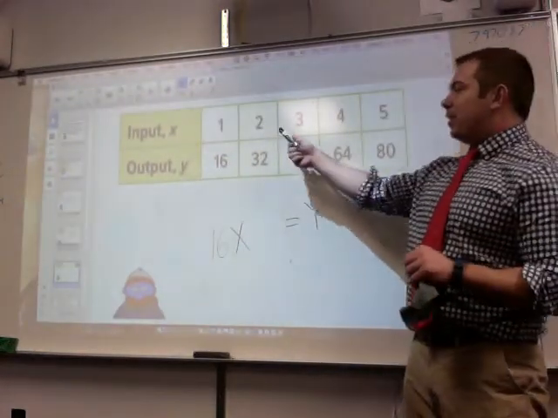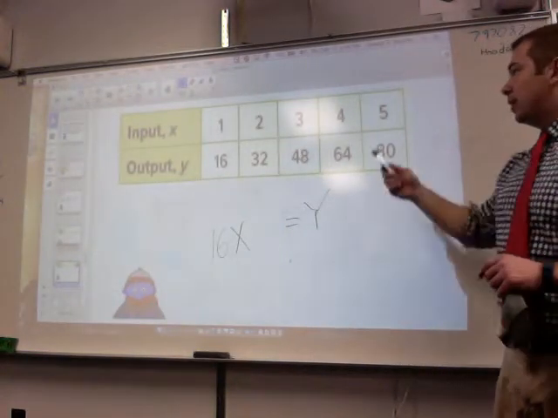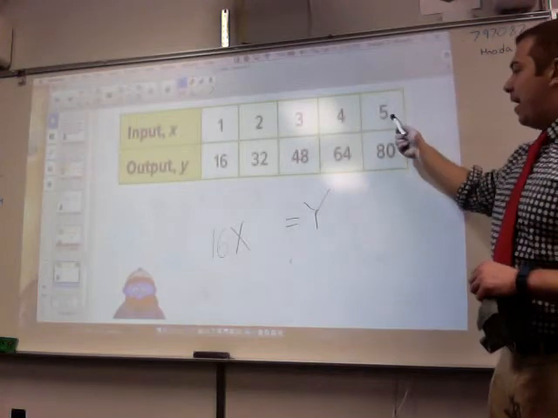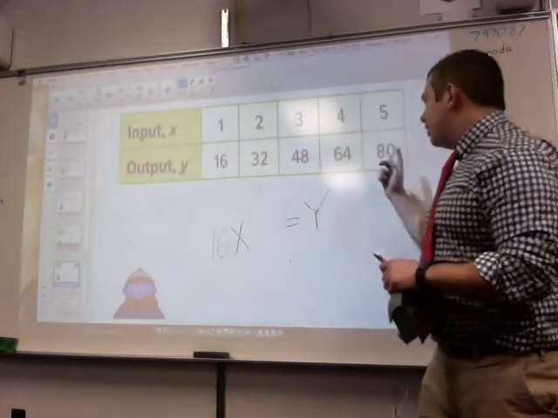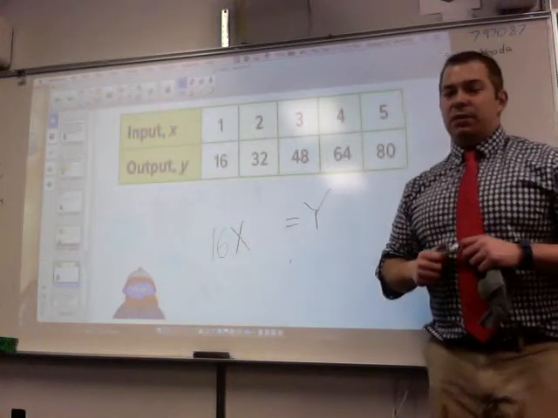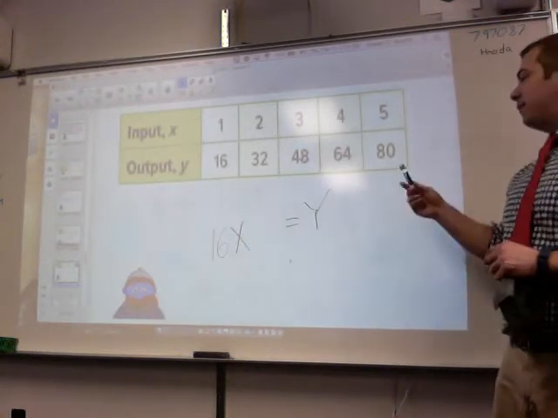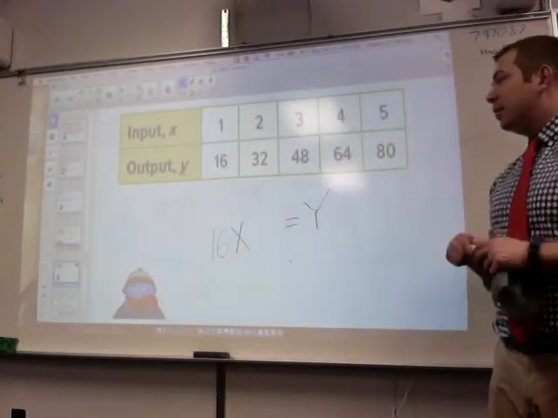Because whenever I plug in an x, I'll get the y that is my output. Let's check with 5. Is 5 times 16 equal to 80? Well, 5 times 10 equals 50, and 6 times 5 equals 30. 50 plus 30 is equal to 80. So that works out.